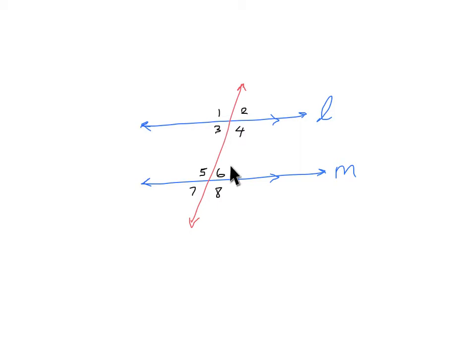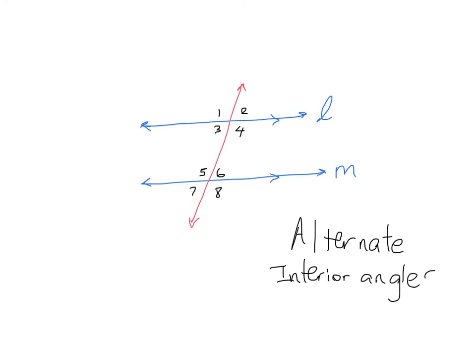So 3 and 6 are alternate interior angles. And alternate interior angles are also congruent. So in this case, 3 is congruent to 6.